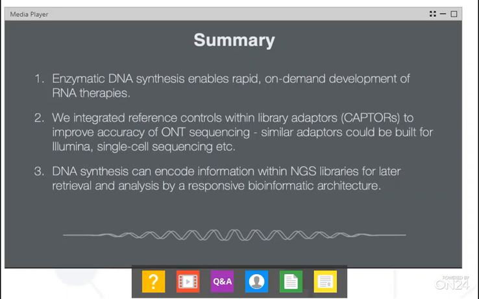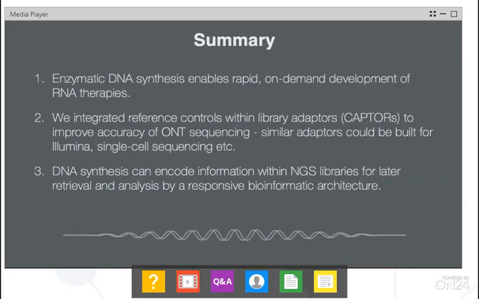Now, in this case, we used the Syntax instrument to design and build CAPTORs, these custom library adapters for Oxford Nanopore sequencing. However, we could equivalently synthesize CAPTORs for other sequencing platforms, such as short-read Illumina sequencing.